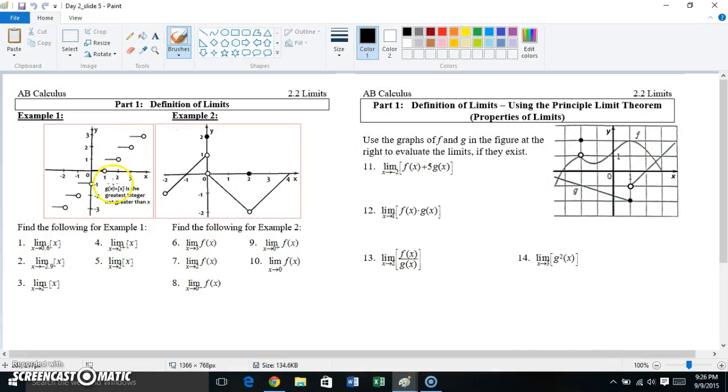Okay, so I've got the graph of the greatest integer function. Okay, the greatest integer function is this step function. Well, it is the greatest integer less than or equal to the number that you're inputting.